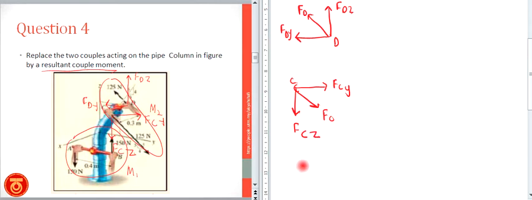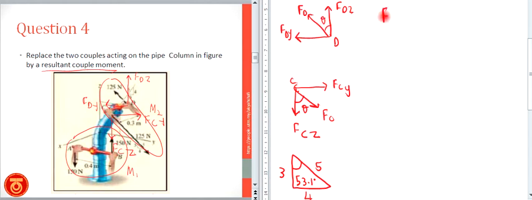And it's given, okay, here the values are 3, 4, and 5. So this is 53.1 degrees. 53.1 is here. It's the same here.